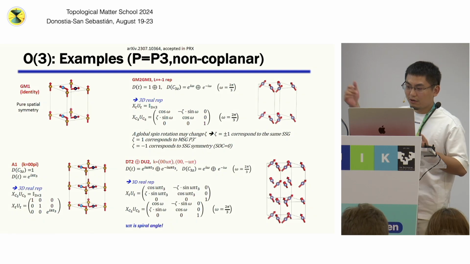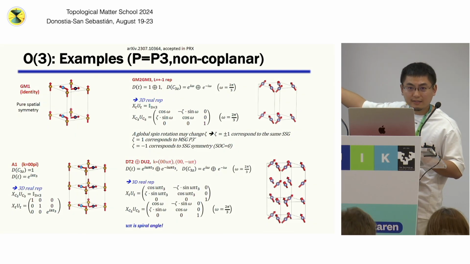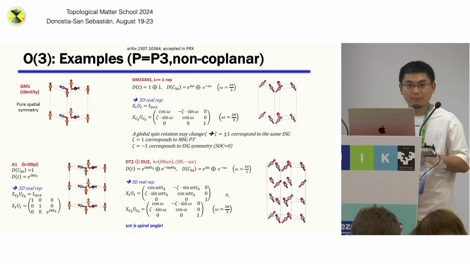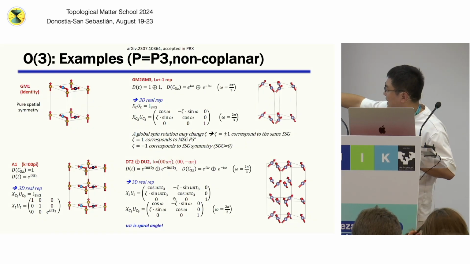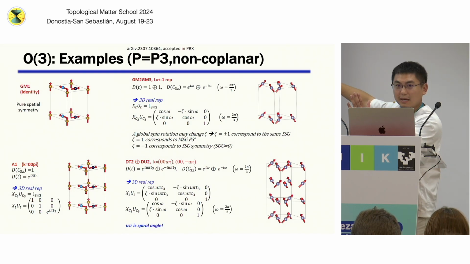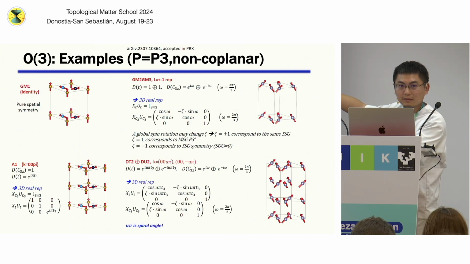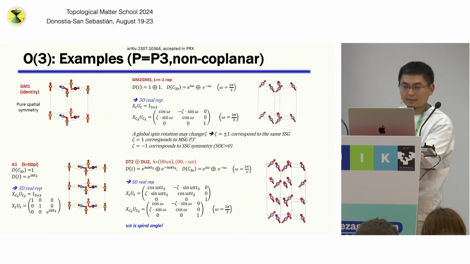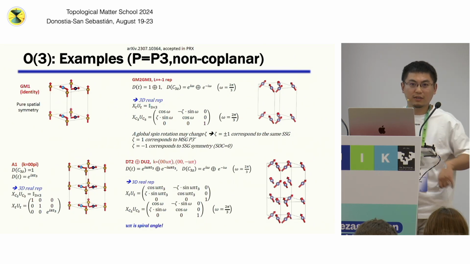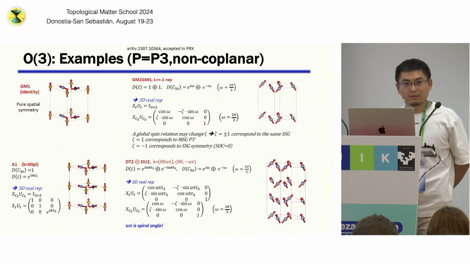But that only corresponds to a global change of the spin axis for this material. If you apply some basis transformation to this matrix, that only corresponds to applying some rotation to the global spin axis. You rotate all the spins at the same time in real space. We regard the structures related by this global rotation as equivalent, because they can deform into each other continuously without changing the structure of the group.